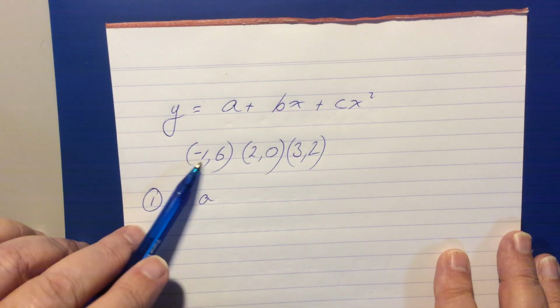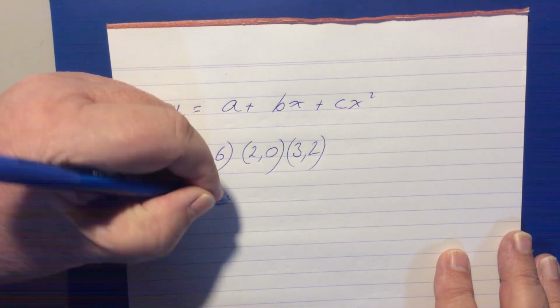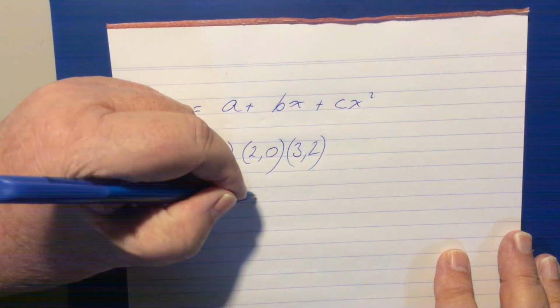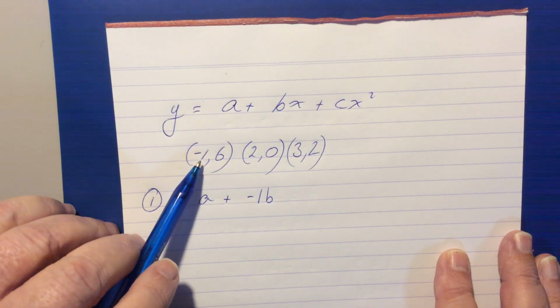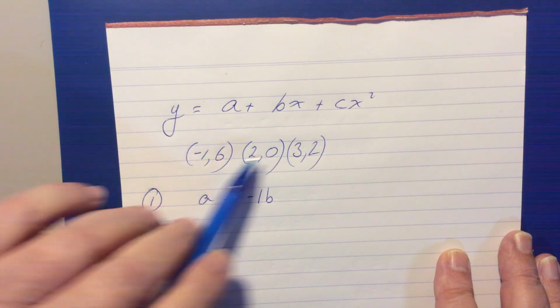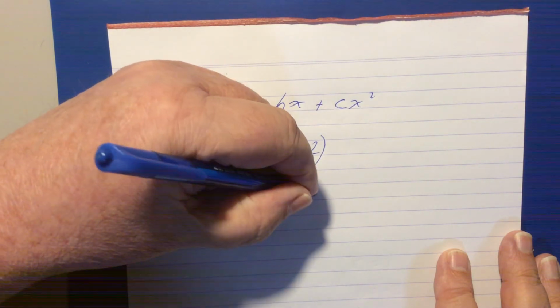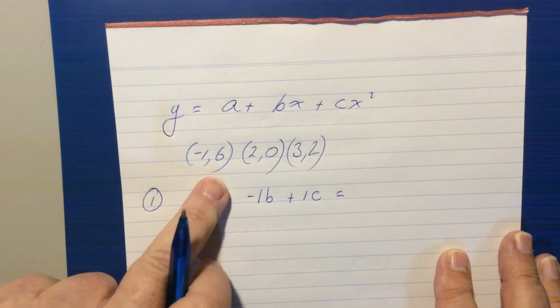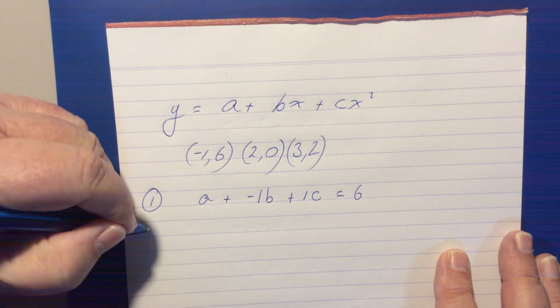So this is the x value, this is the y value. So a plus -1b, or negative b, plus -1 squared times c, so plus 1c, is equal to 6. And that's our first equation.